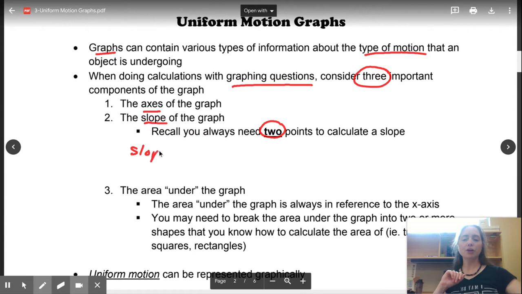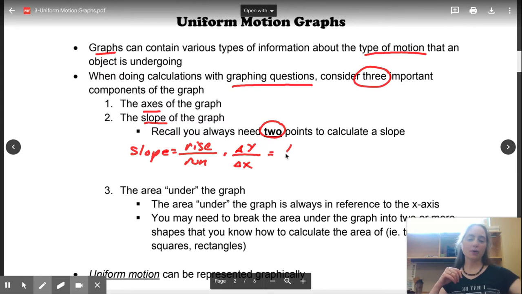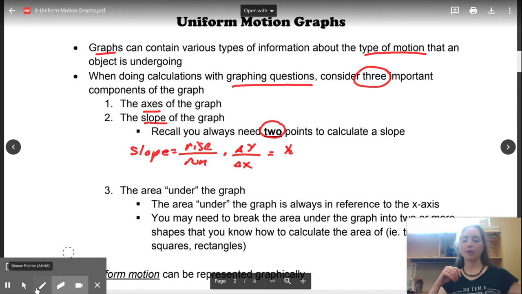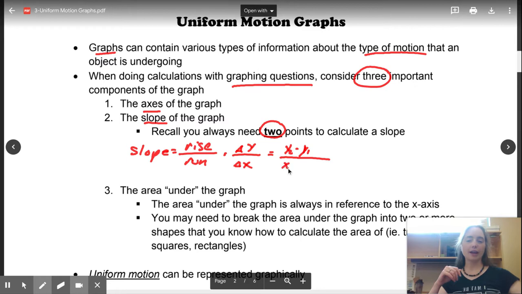And also recall that your slope is your rise over run, or your change in y over your change in x, or y2 minus y1 over x2 minus x1. All right, this is on your data sheet, so you do not need to memorize this.